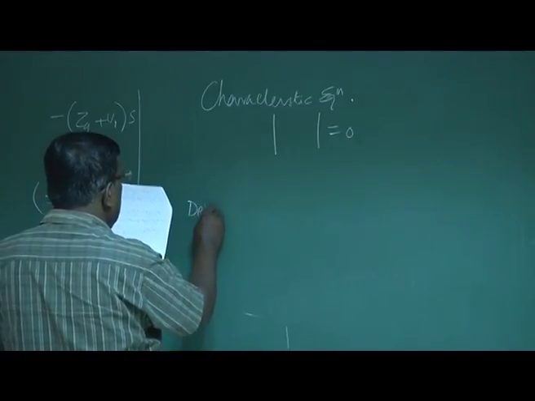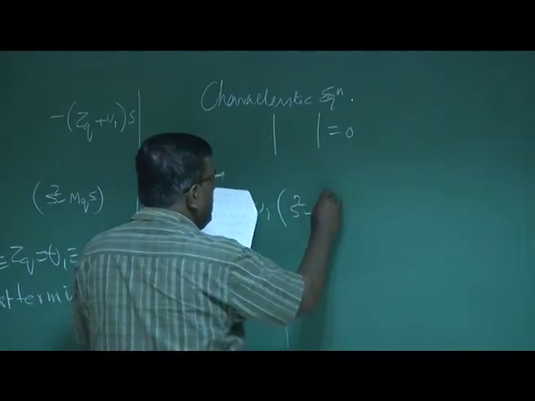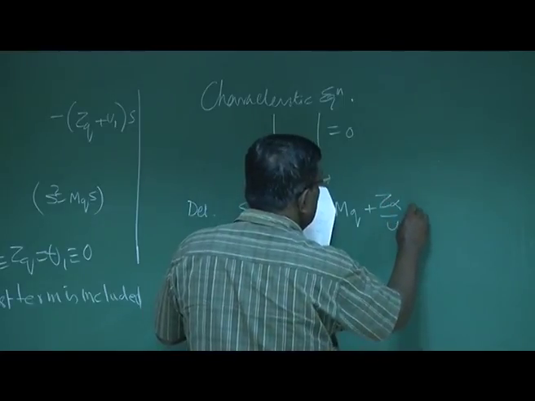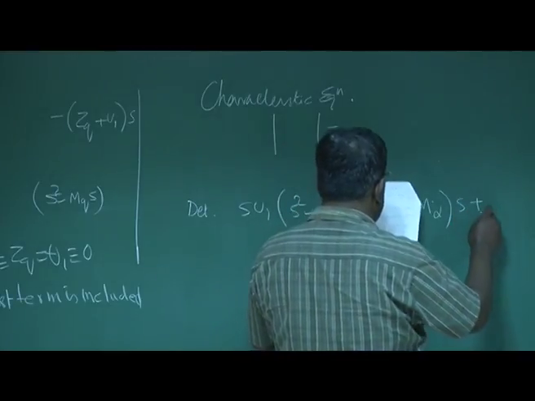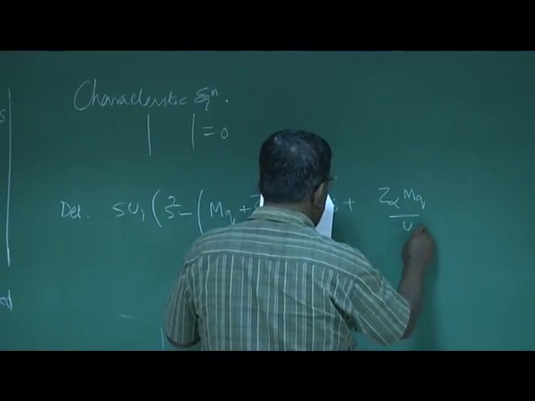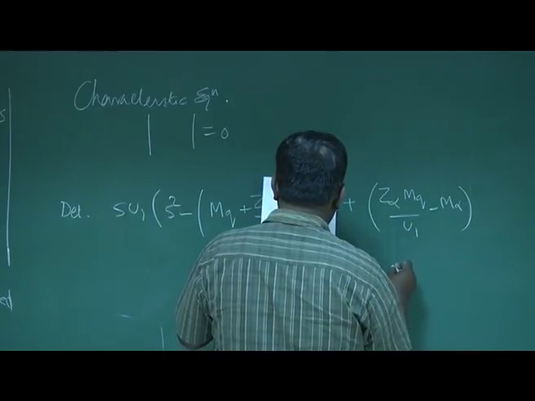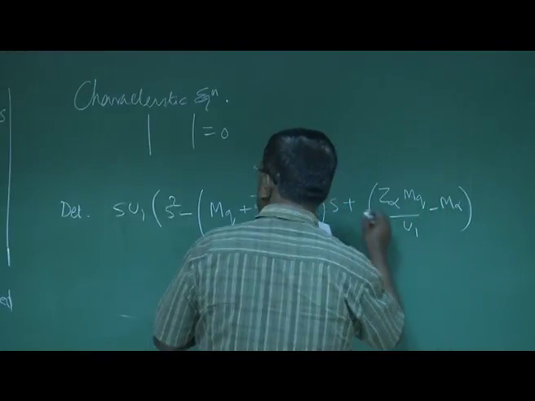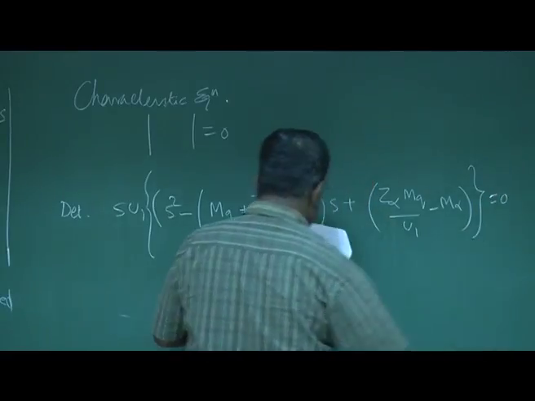Determinant is s u1 [s square minus (mq plus z alpha by u1 plus m alpha dot) s plus (z alpha mq by u1 minus m alpha)], and this is equal to 0, right?